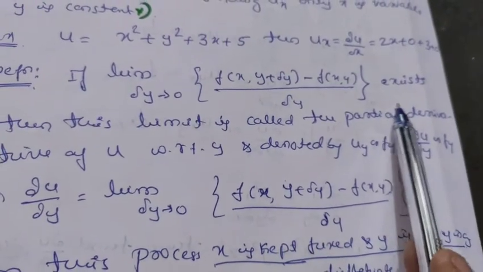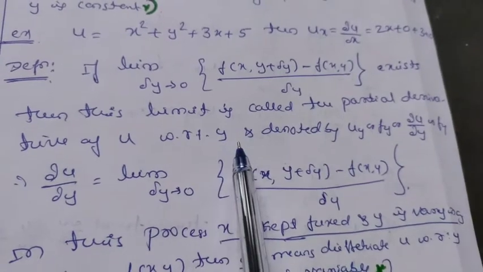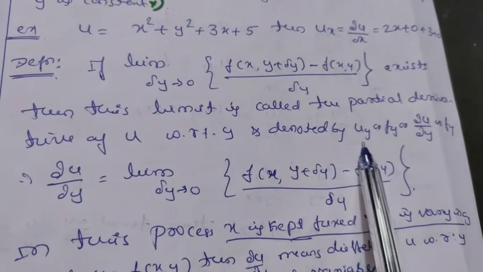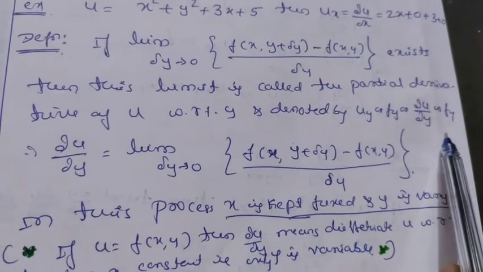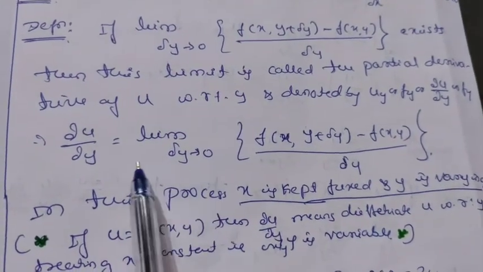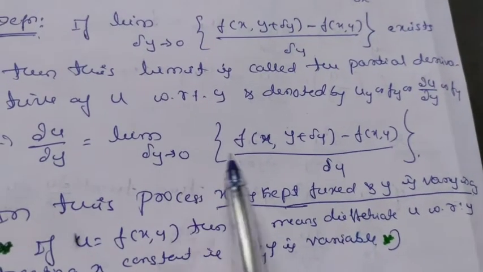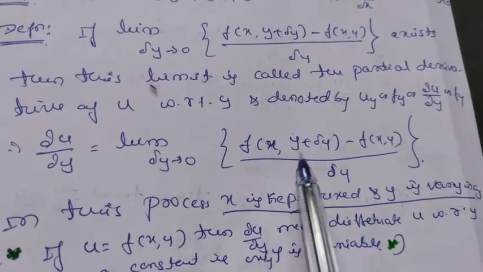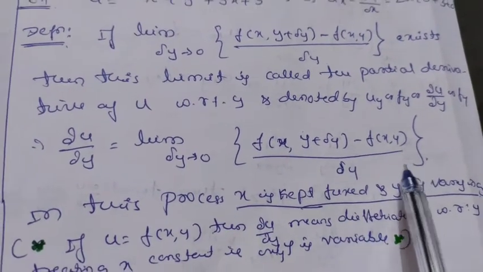If this limit exists, then we call it the derivative of u with respect to y and it is denoted by u_y or f_y or ∂u/∂y. So that is ∂u/∂y equals limit as delta y tends to 0, f of x comma y plus delta y minus f of x, y divided by delta y.